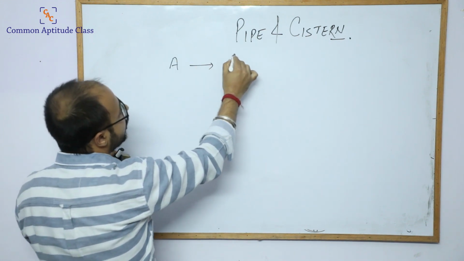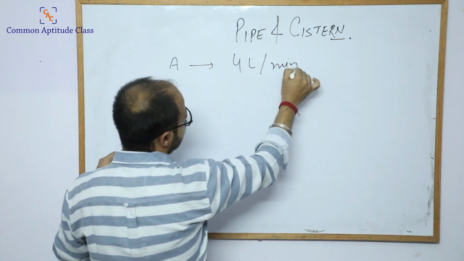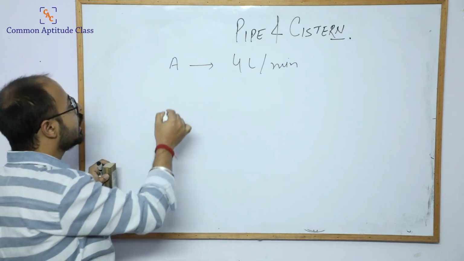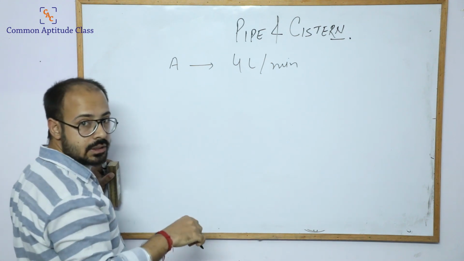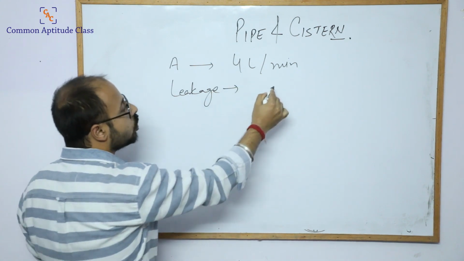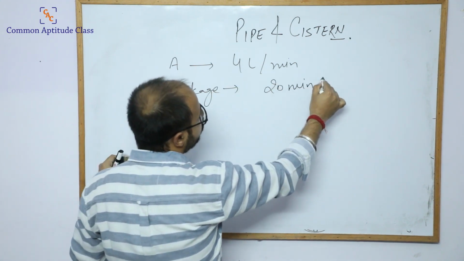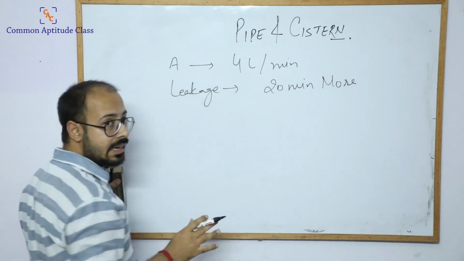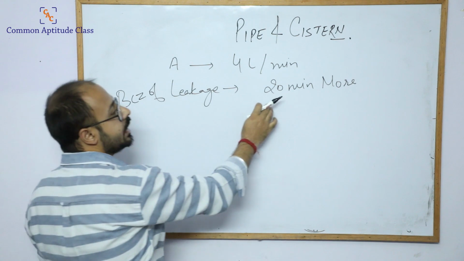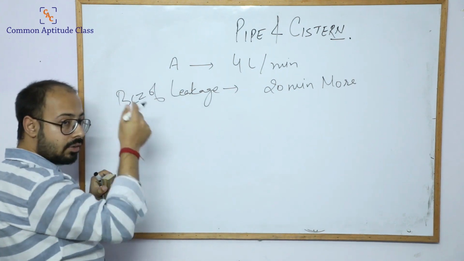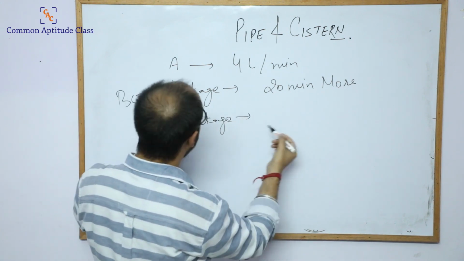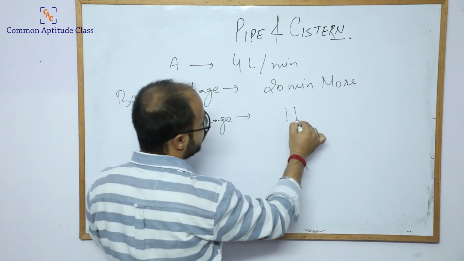Tap A fills the tank at 4 liters per minute, and because of leakage, it takes 20 minutes more, and the leakage alone can empty the tank in 1 hour.